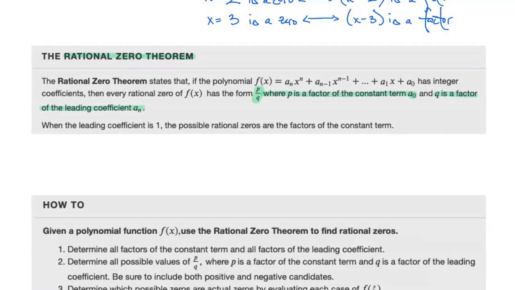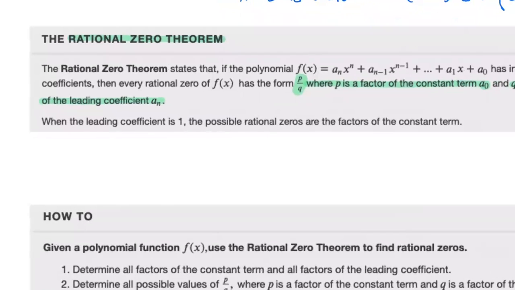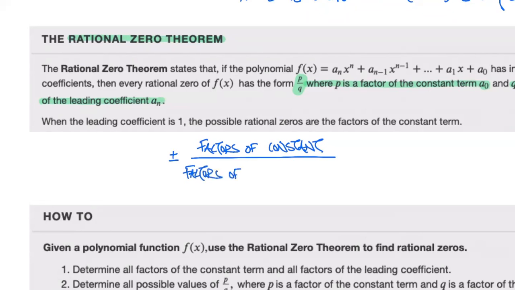That is the same thing as saying plus or minus factors of the constant over factors of the leading coefficient.